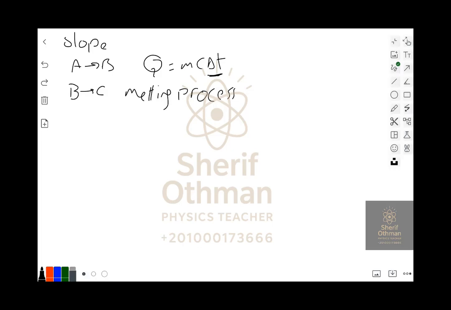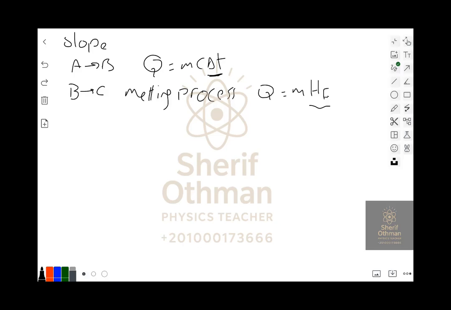But there is an amount of heat added to the ice to change it from solid to liquid. To find it, Q is equal to mHf. What is Hf? It's the heat of fusion. What is the heat of fusion? It is the amount of heat required to change 1 kilogram of substance from solid to liquid.